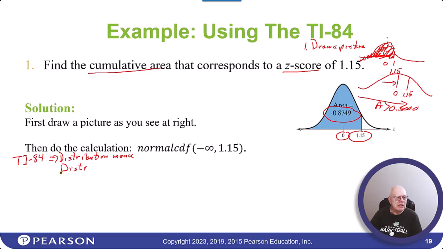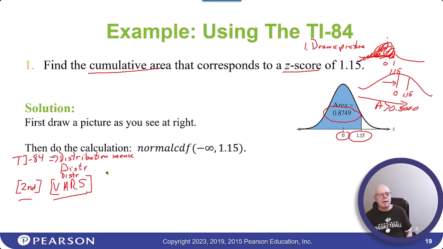To get to it, you're going to hit that second button on the upper left of your keyboard, and then you're going to go to the middle right and see a key that's marked VARS. It has a second function, and if you look closely, the second function for that key is the distribution menu, and that's how you get there. Second VARS, and that'll get you to that distribution menu.